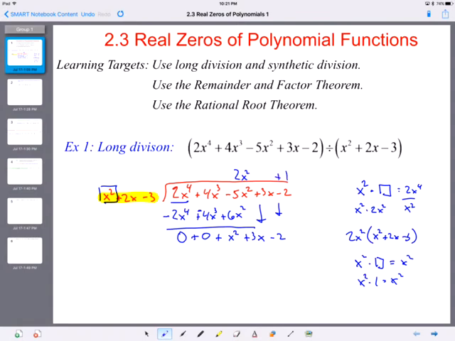Once again, you can see I'm lining everything up here. So you have your x to the fourth, your x cubes, your x squareds, your x's, and your constants.